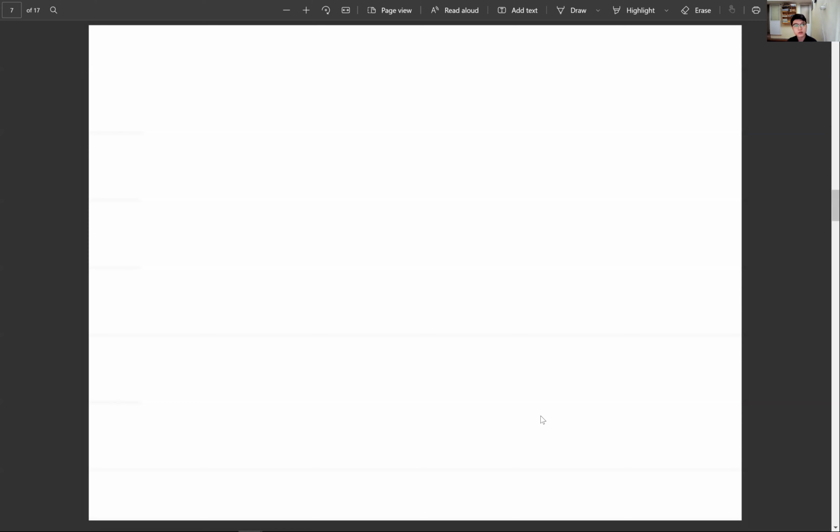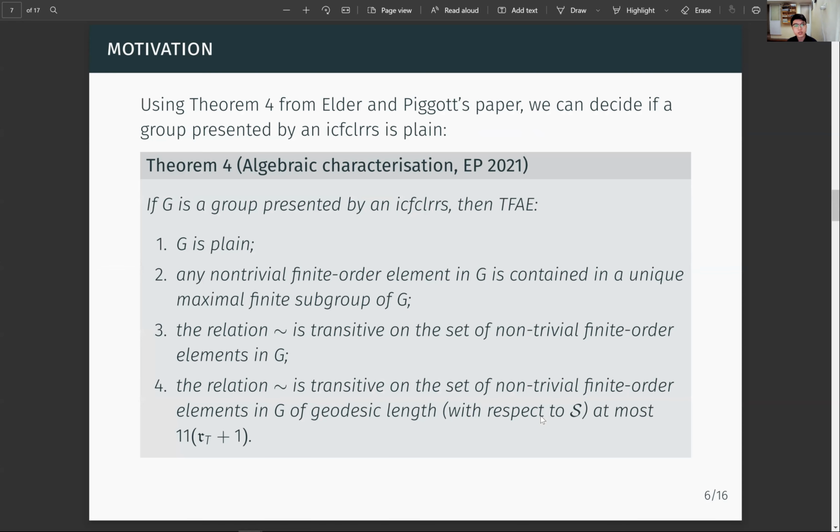And so to approach this, we can use theorem 4 from Alan Pickett's paper, which was previously presented. Using this theorem, we can decide if a group presented by an ICFC LRRS is plain. The theorem says: if G is a group presented by an inverse closed, finite, convergent, length reducing rewriting system, then the following are equivalent. G is plain.